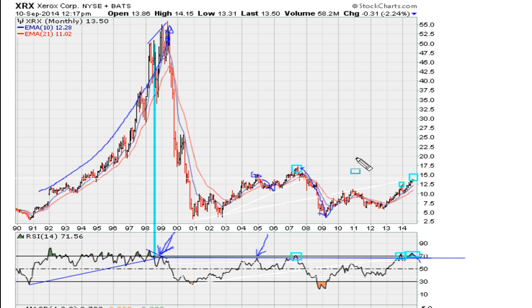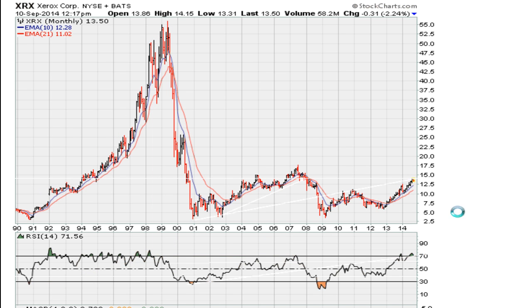So we have to watch that, because right now the way it's looking, it looks like it is about to turn around, and probably over the next month or so could have uniform activity above the line and back below it. So watch this over the next couple of weeks, because it looks like it's forming uniformity. So that's one reason why I think something is developing here in terms of Xerox.